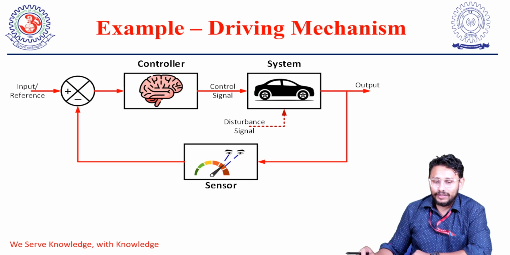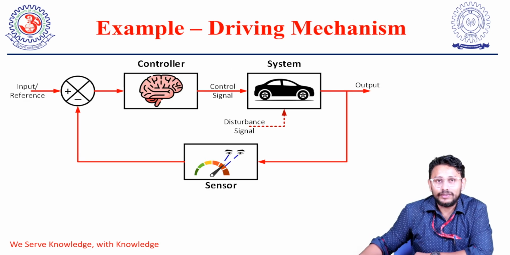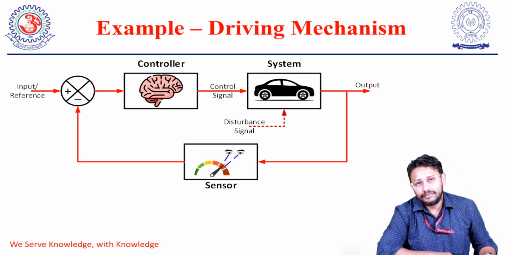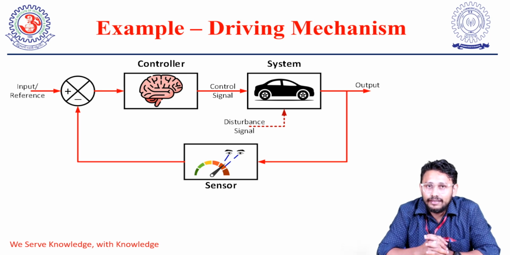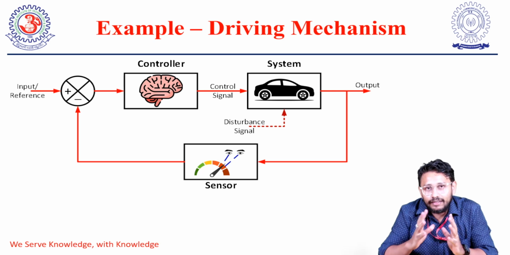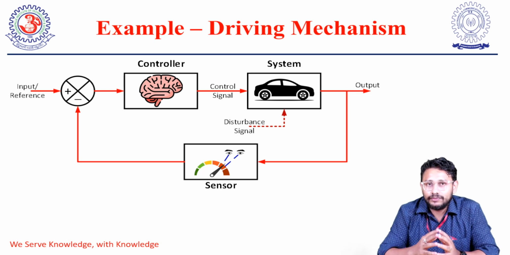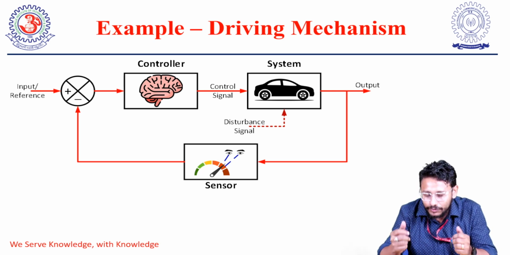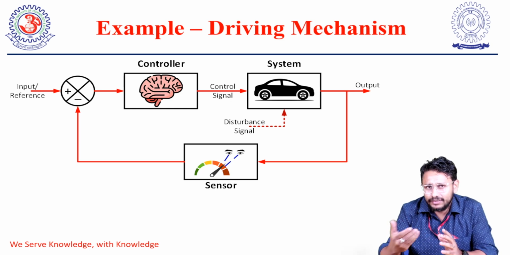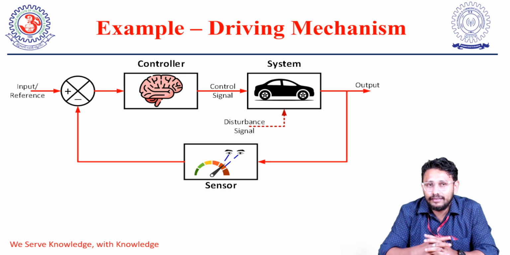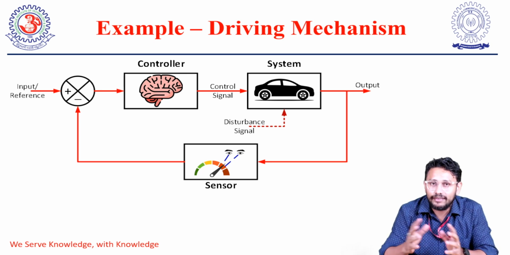Let's consider one very good example which we come across in our daily life, the driving mechanism. Suppose the car is a system which you are supposed to control. Assume that you are driving, and I need some reference speed on my vehicle.